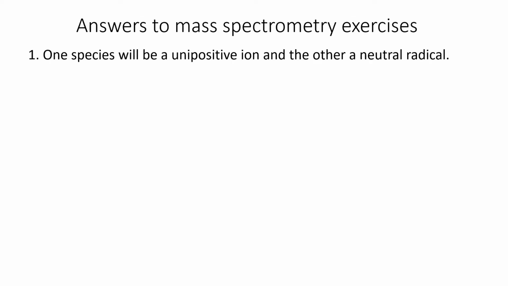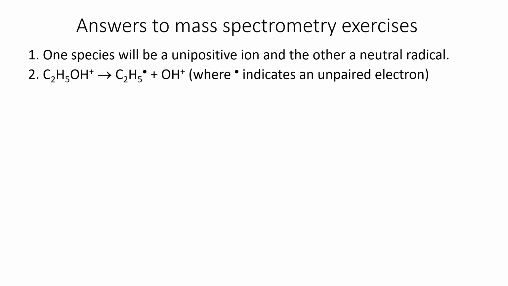And now here we have some answers. If we have a 1+ ion that decomposes into 2 species, typically that will be another 1+ ion and a neutral radical. Looking at the example of ethanol, we've got this ethanol ion on the screen, and the significant thing is that a peak of m/z equals 17 is detected.